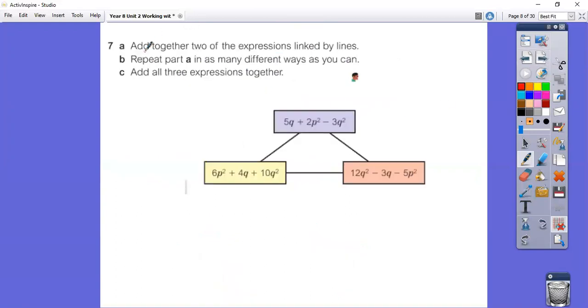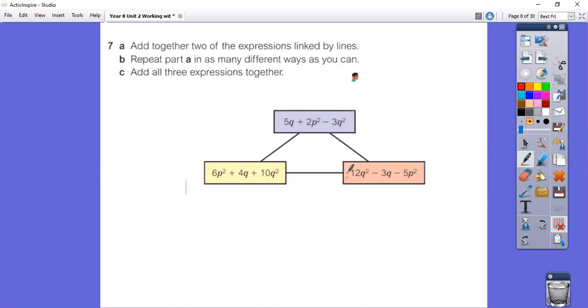Then the final question, it says add together two expressions linked by lines. So we're collecting like terms, and then repeat part A in as many different ways as you can, and add all three expressions together. So basically, you can collect and simplify the blue box with the yellow box, or you can do the blue box with the pink box. You can do the pink box with the yellow box, sorry.